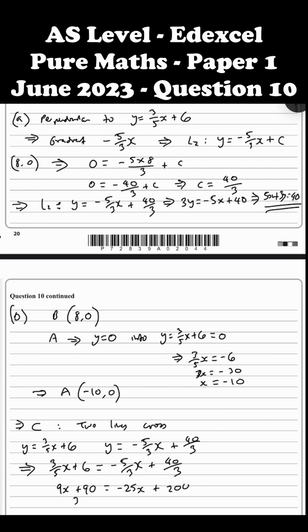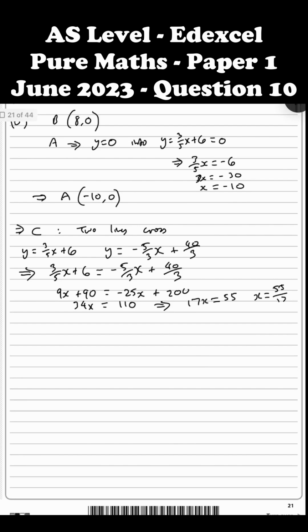That's going to be then 34x equals 110. Therefore, 17x equals 55. So x equals 55 over 17. Just going to scroll down. So if x equals 55 over 17, we're going to have y equals 3/5 lots of 55 over 17 plus 6.